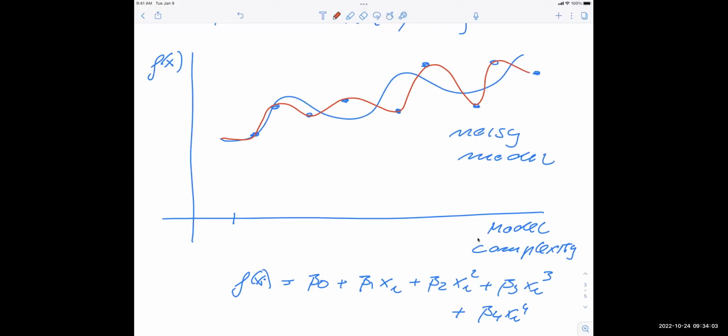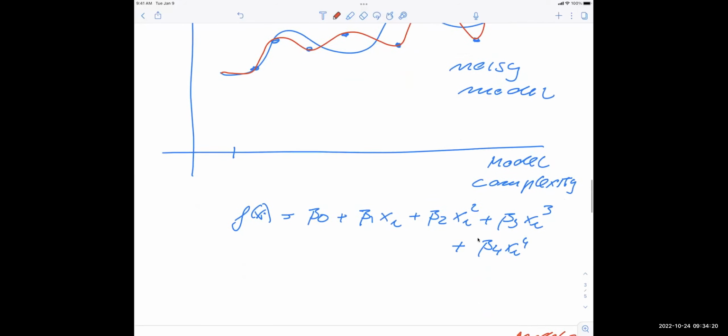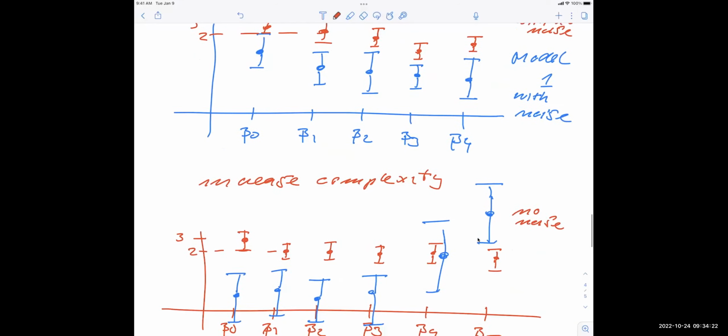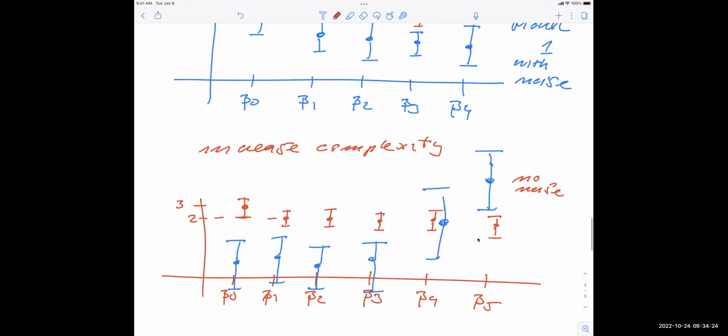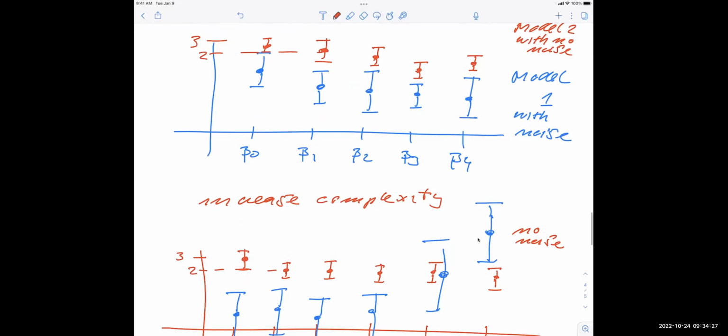But this will also lead to parameters beta which will change from model complexity to model complexity. So let's take a look at the code and see that this is indeed the case, that these parameters can, if we do a pretty good fit, vary little from order to order in the model complexity, or vary a lot if we have noise.